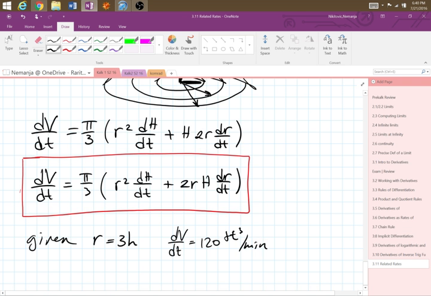So we have dV/dt. They didn't say anything, it just said the sand falls from the bin at the rate of 120 feet cubed per minute. So you have to know that that is the change in volume just by looking at units and knowing that all the squared ones are areas and all of the volume ones are cubed.